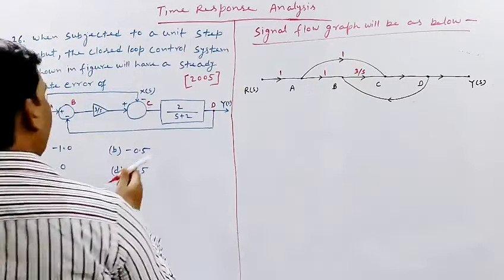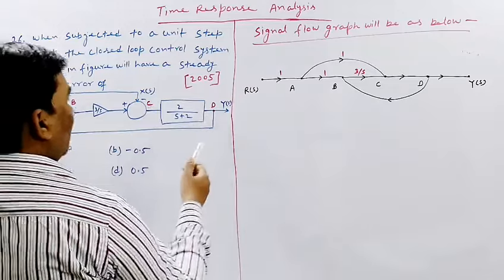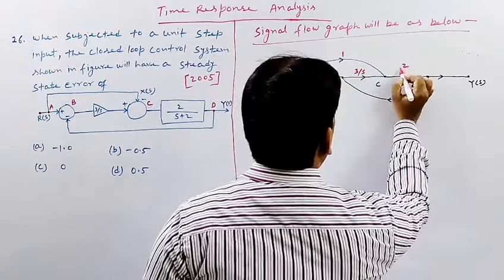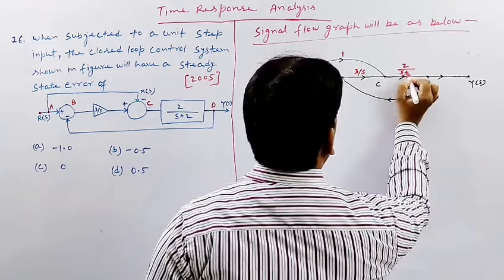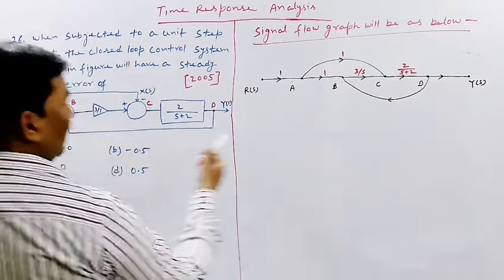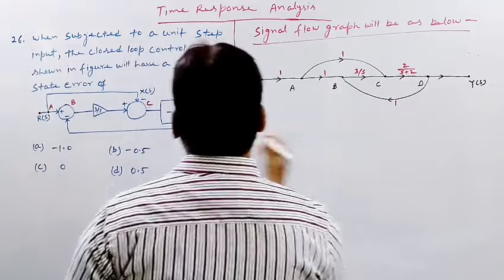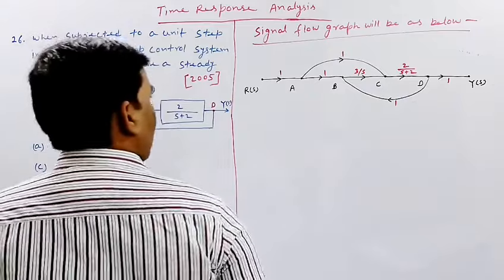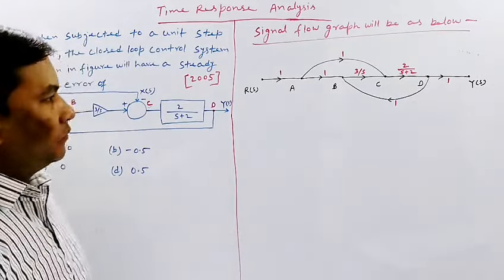Between C and D, the path gain is 2 divided by s plus 2. Now between D and B, the path gain is again unity, means 1. Between D and Y, the path gain is 1. Now our signal flow graph is complete.